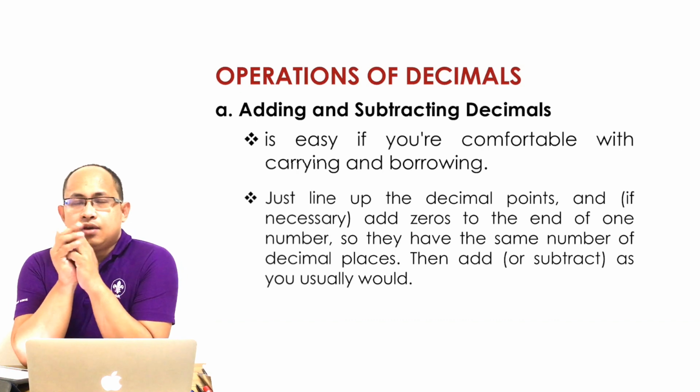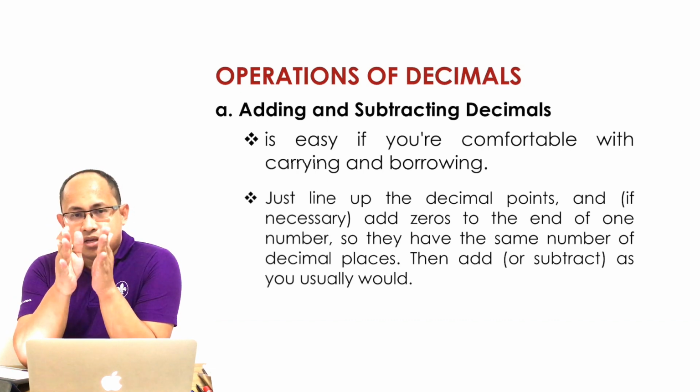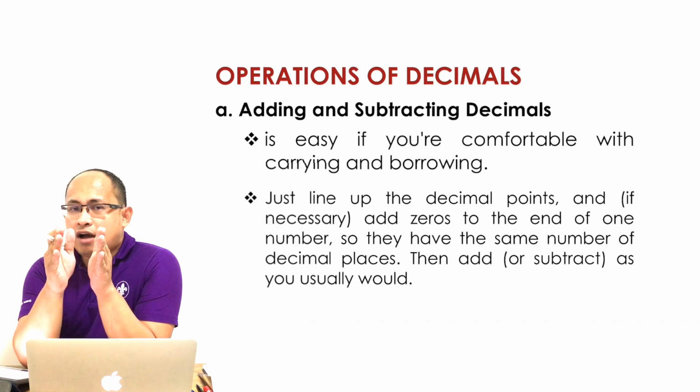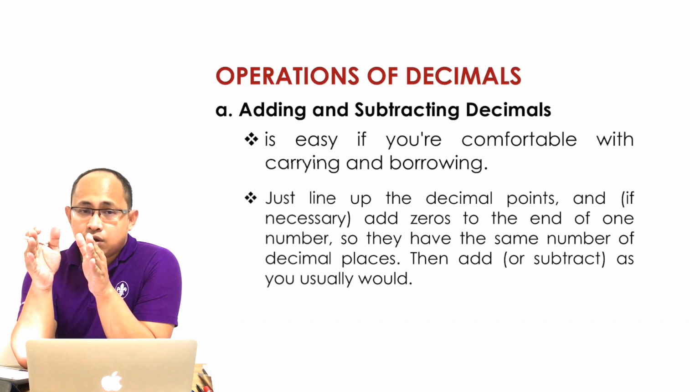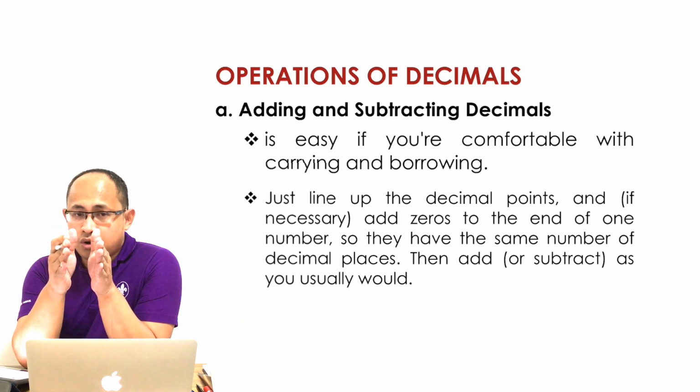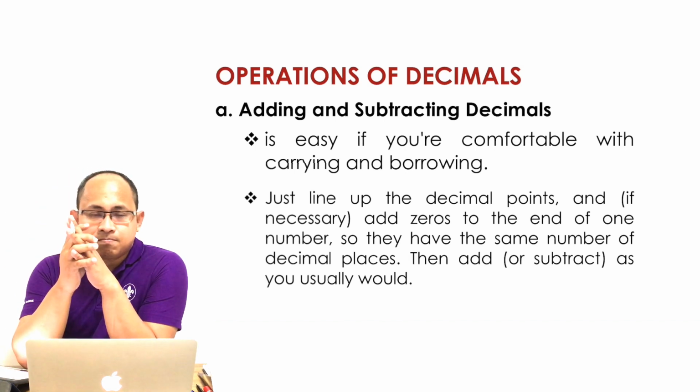Again, the key in rounding off numbers is you look at the place value that you need to round off. Then look at the number after that. Now, when the number after the value that you need to round off is less than 5, then copy the number you want to round off and the rest of it, erase it.